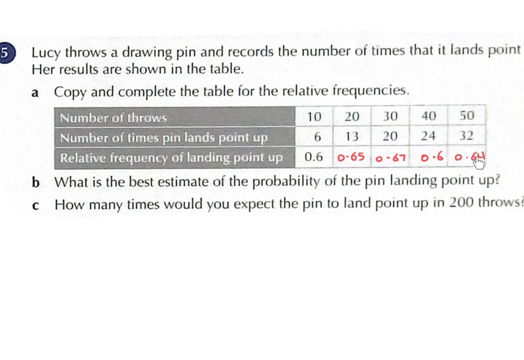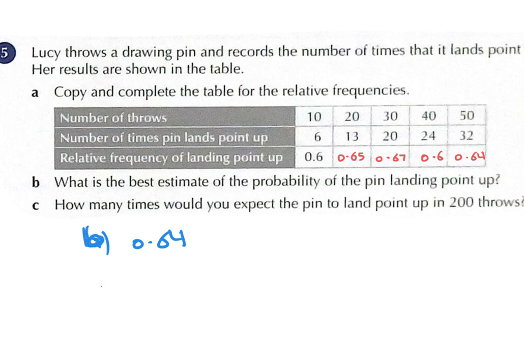So the best estimate for the probability is 0.64. So the answer for B is 0.64, because if you increase the number of throws, you get the best estimate for the probability. Because the answer of A is just to complete the table.